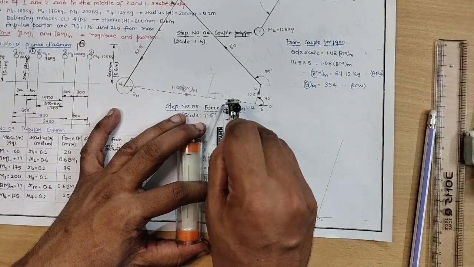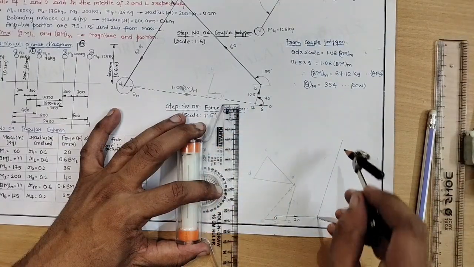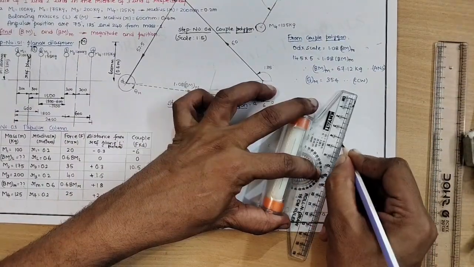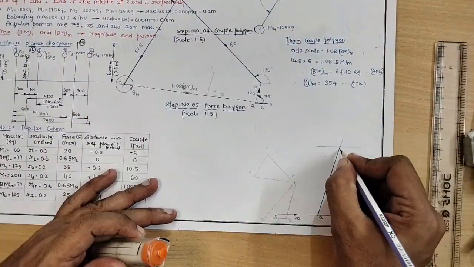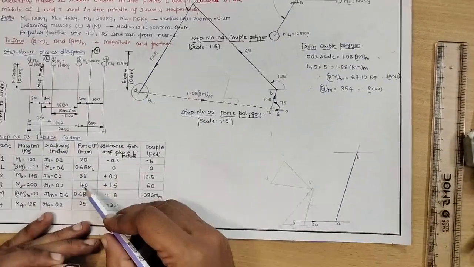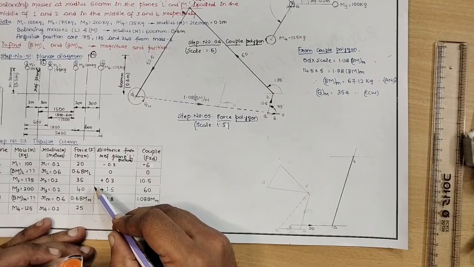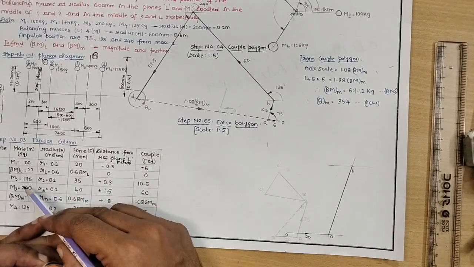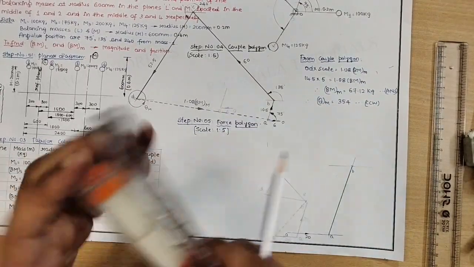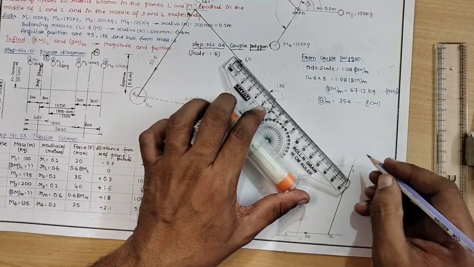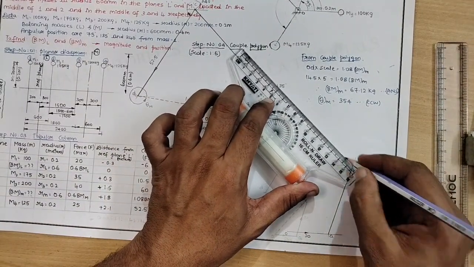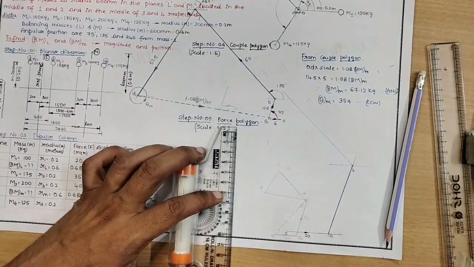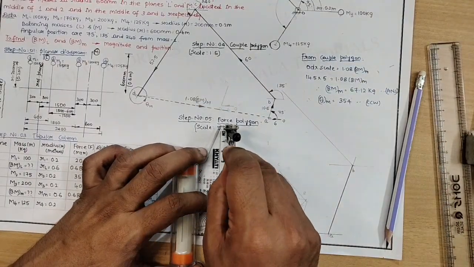Make use of your compass as usual, transfer 7 centimeters. So this would be the point B. The next value is 40. 40 after scale factor would be 8. That is along M3, and M3 is along 135 degrees. From this line as a reference, move the roller scale towards the point B. Draw a line. What is the distance? 8 centimeters.